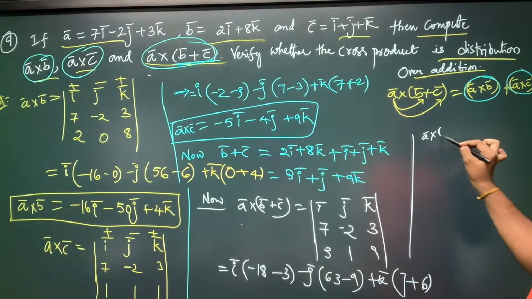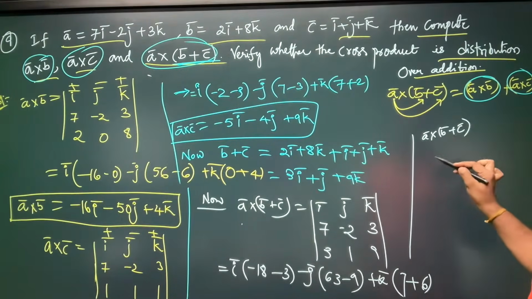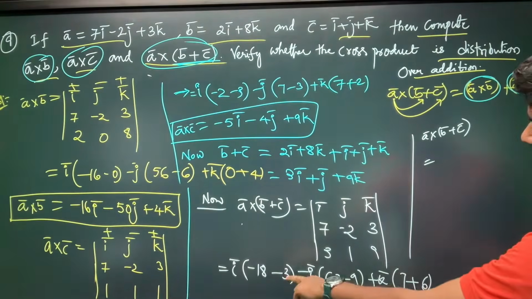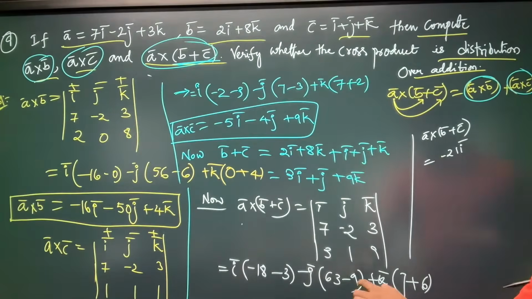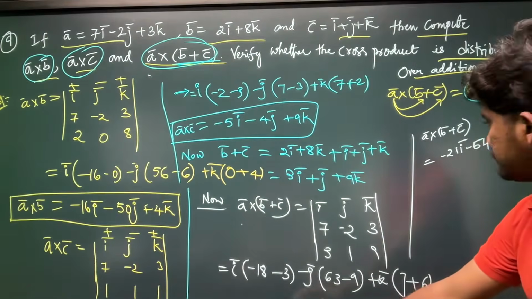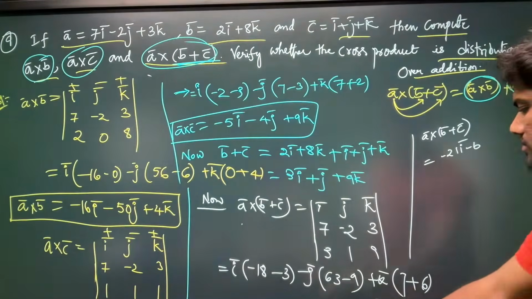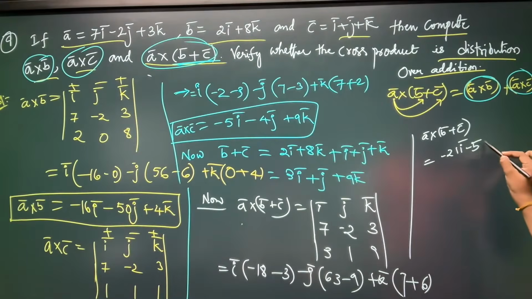A bar cross B bar plus C bar equal to minus 18 minus 3, that is minus 21 I bar. 63 minus 9 is 54, so minus 54 J bar. Next 7 plus 6 is 13 K bar.